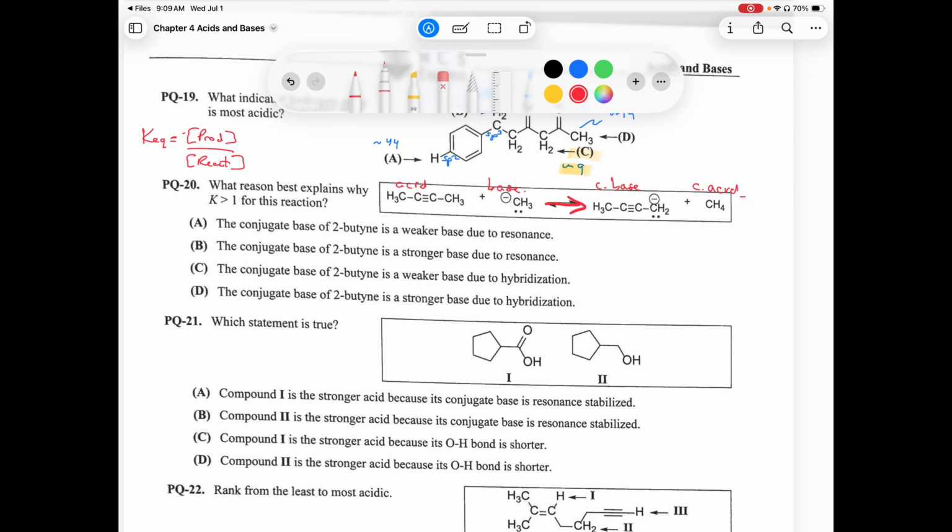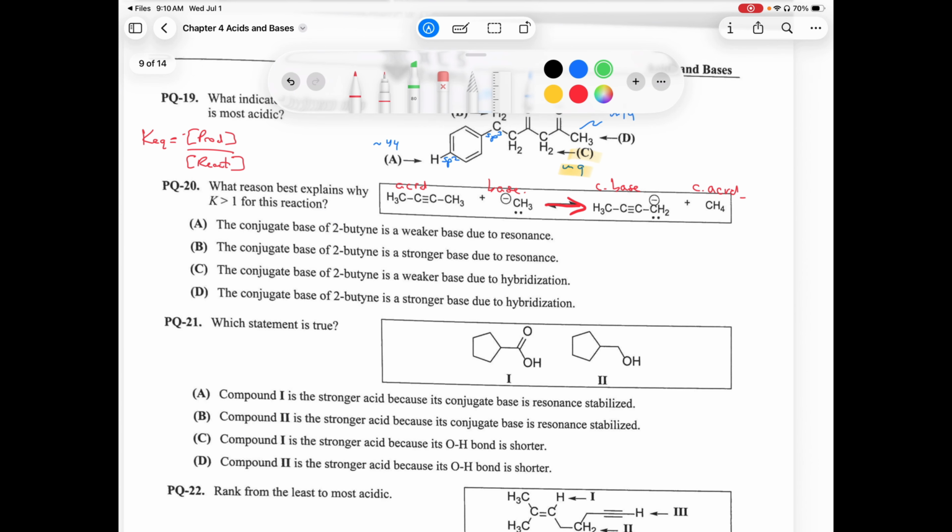Now you notice that the negative charge in both of these bases is on a carbon. They're both on a carbon. And so if we take a look here, it says the answers are about the conjugate base of 2-butyne. And you should know that the equilibrium is always going to lie to the side of the weaker base, okay? So if we examine these two bases, which one of these is a weaker base?